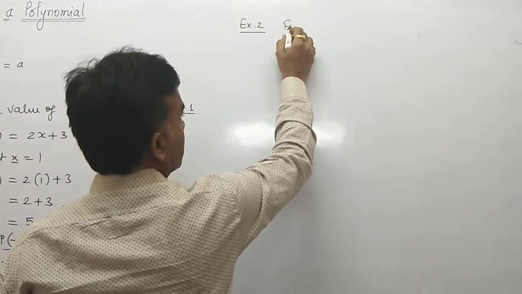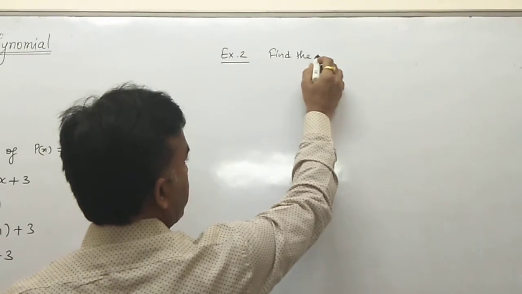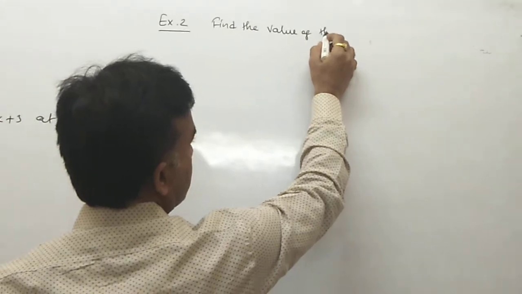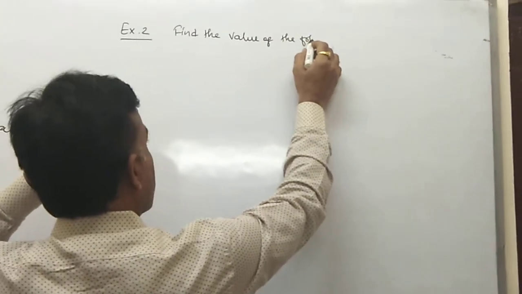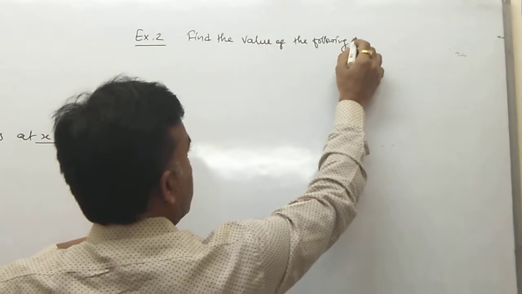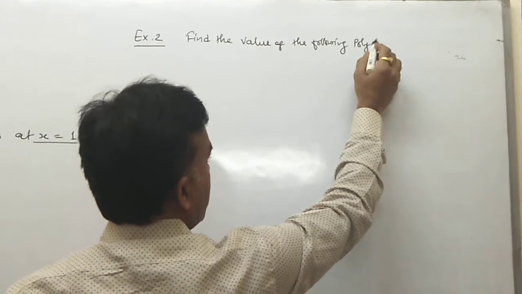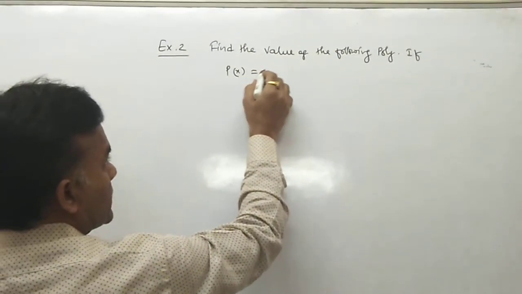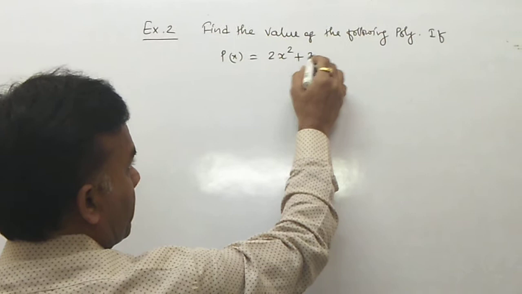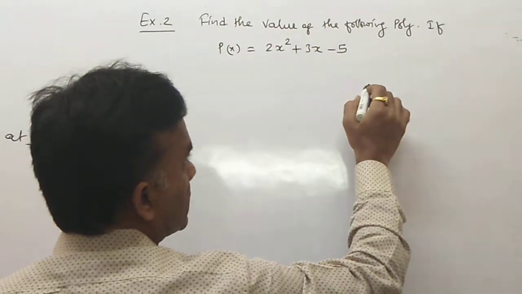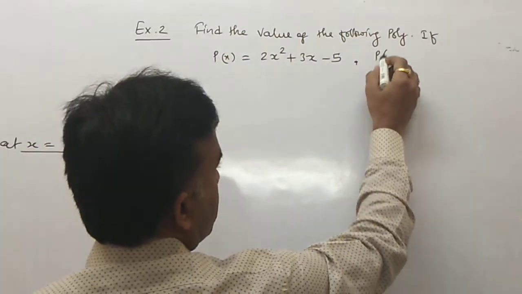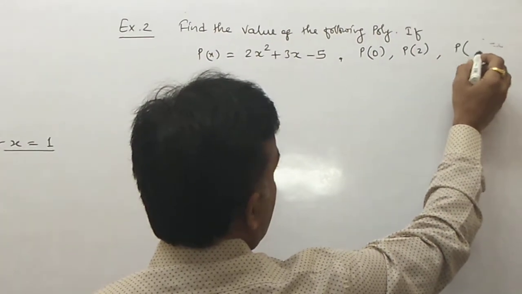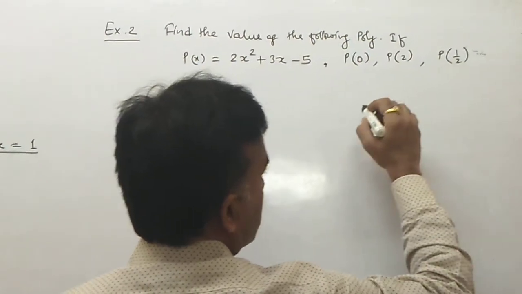Example 3: Find the value of the following polynomial if p of x equal to 2x square plus 3x minus 5, at p of 0, p of 2, and p of 1 by 2.